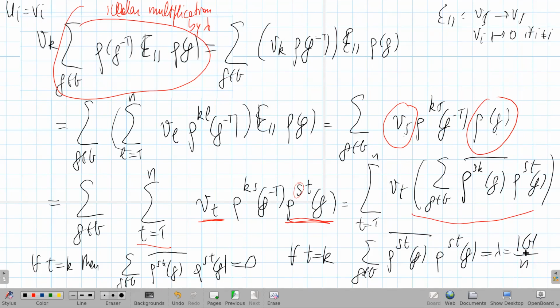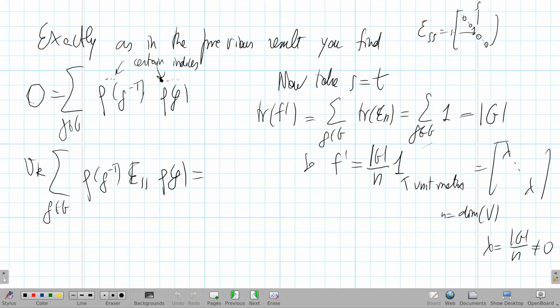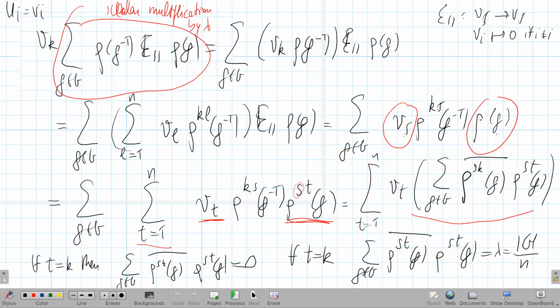And this is exactly the content of the proof, the content of the theorem, okay? Note that I didn't specify here which indices are taken, because what we have shown in the end is that the only indices that give you a non-zero result are, if you take the transpose conjugate here, when st equals st. I mean, these indices here are the same as here.